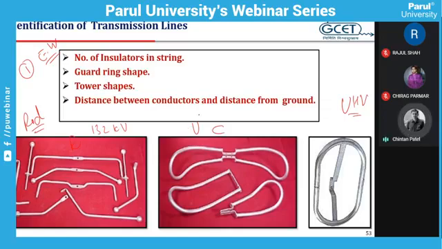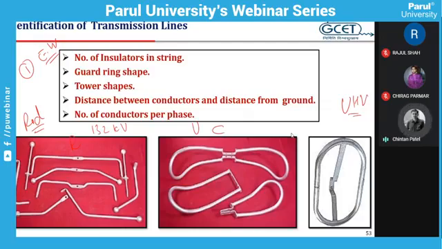Then the distance between conductors and ground clearance. It is somewhat difficult, but with certain practice, you can easily identify the voltage level from a distance. And finally, the number of conductors per phase, that means whether it is a simple line conductor or bundle conductors. In India, up to 220 kV, simple conductors are used, and beyond 400 kV, bundle conductors are used.